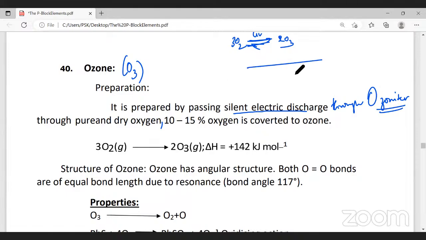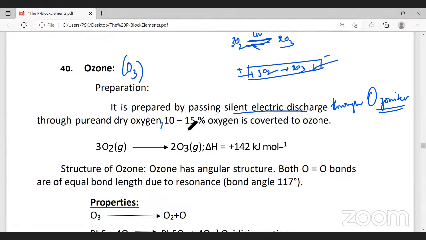If we take a long tube, the ozonizer, into this we'll have an anode and a cathode. Into this we take low pressure oxygen gas and we pass silent electric discharge. The potential is very low. When we take silent electric discharge, oxygen is oxidized to ozone.